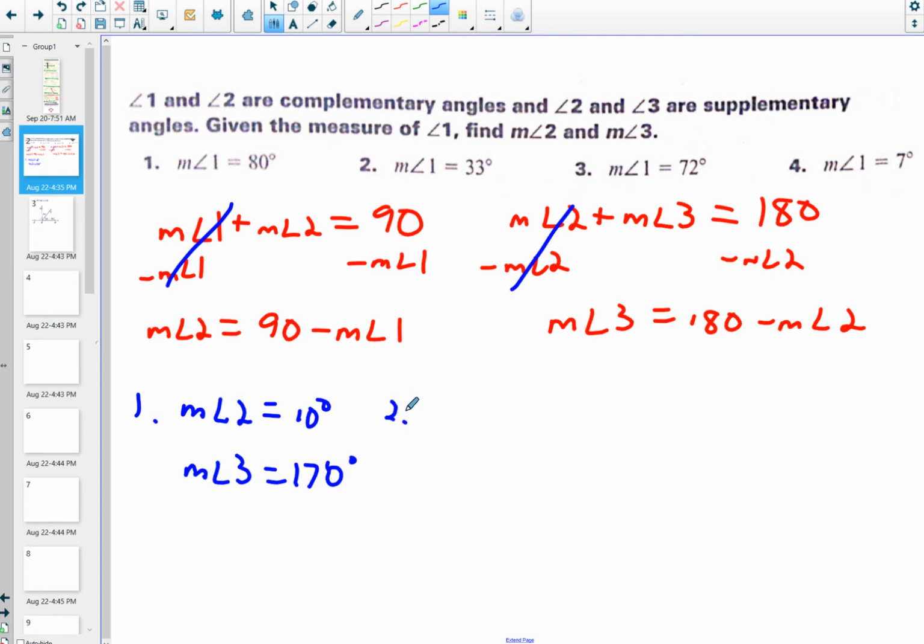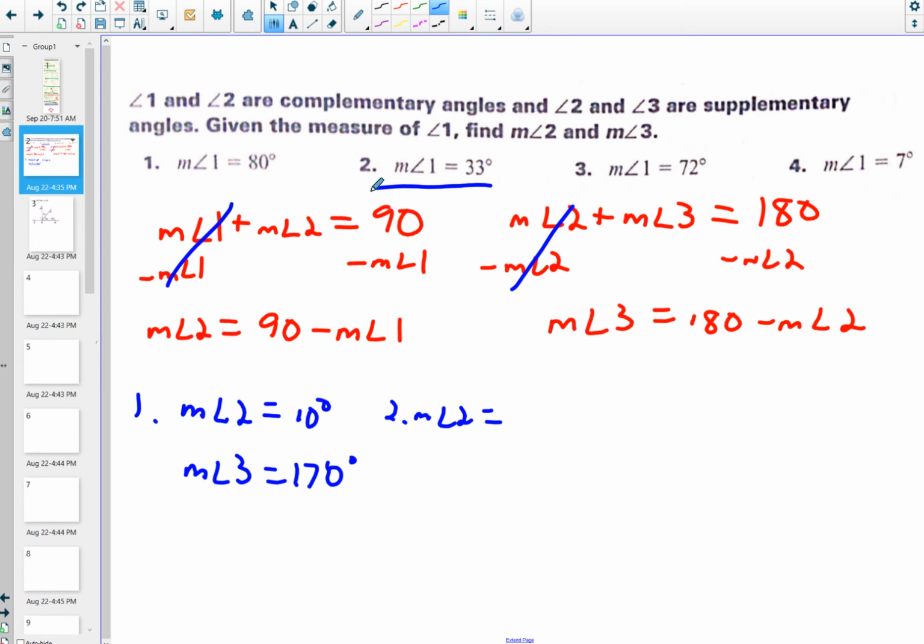Okay, number 2. For number 2, they give me a 33. So what would the measure of angle 2 be? If 1 is 33, what's 90 minus 33? I see you're calculating. What's 90 minus 33? 57.